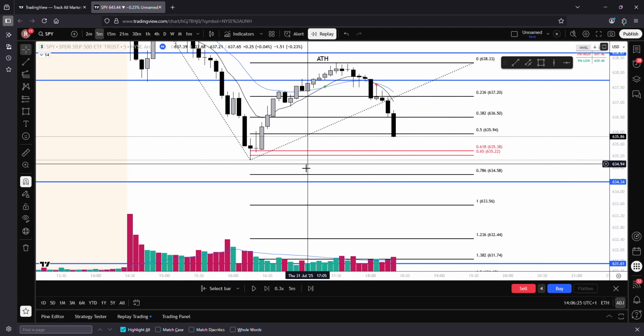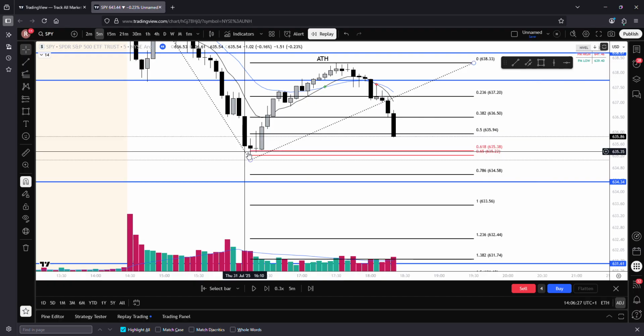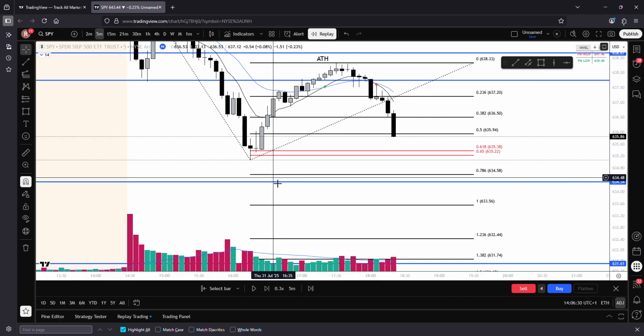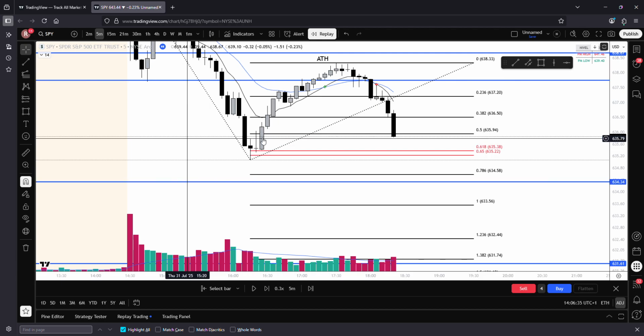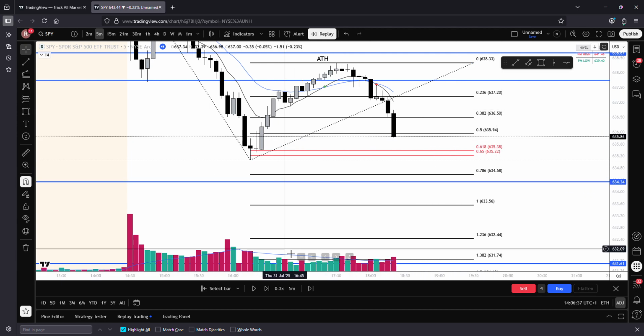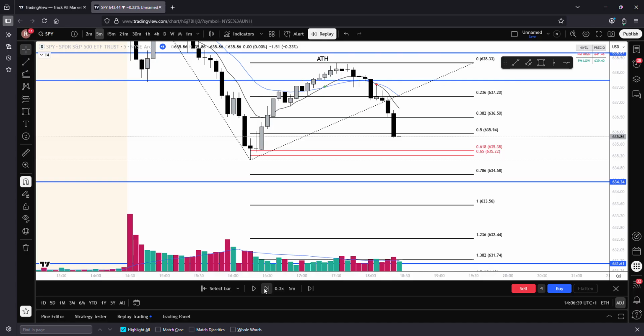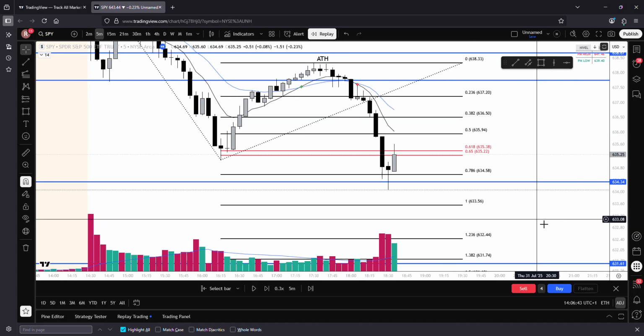And what are you looking for? Again, you're looking for confluence. So your golden pocket is the lower end of this range, and then your 786 is just above this support resistance level here. So let's roll on a little bit more, and bang.